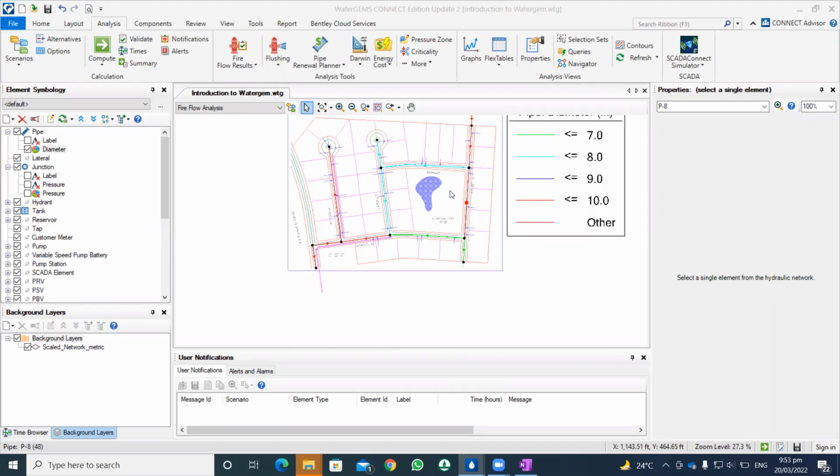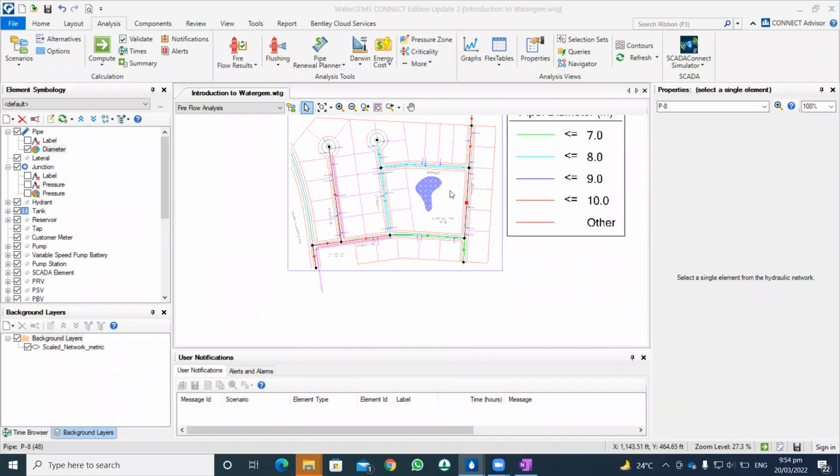So the pipe at the start of the design, in the case of Hazen-Williams C factor, should have a value of 130 for ductile iron. After 10, 12 or 15 years, the value will decrease to 100 or 105, depending upon the situation. In some situations, leakages at the different junctions also occur.